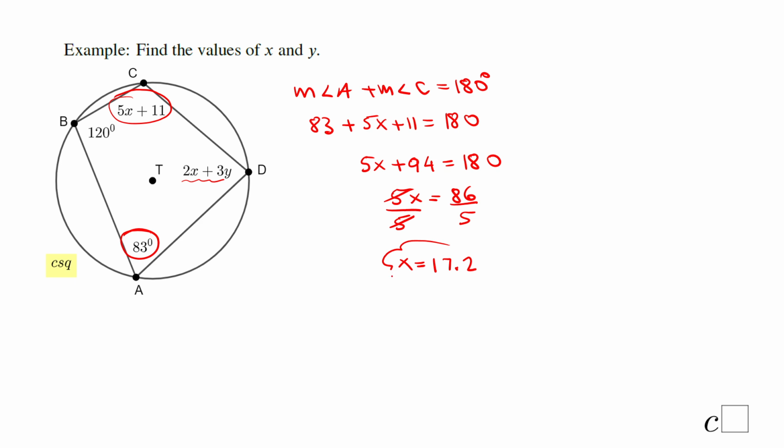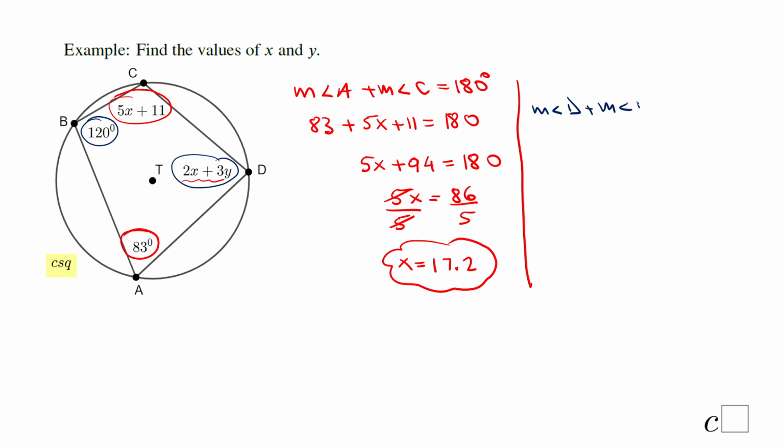Okay, good. But now, how do I find y? For y, I can write something very similar. If you remember, this angle plus this angle equals 180. The measure of angle D plus the measure of angle B equals 180 degrees.